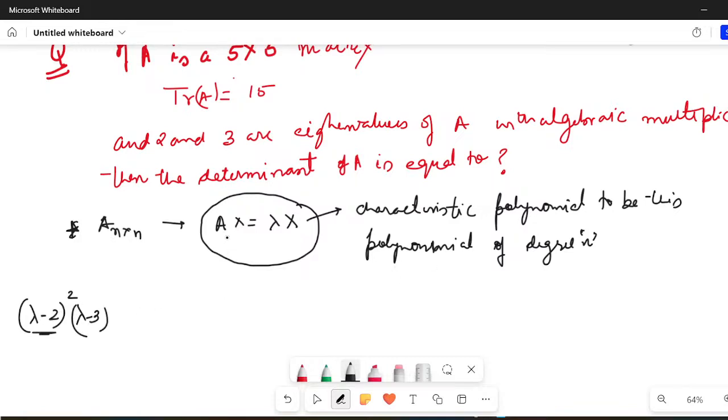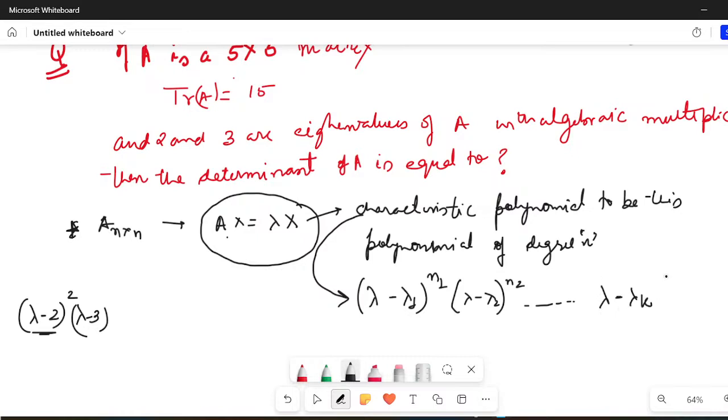If I factorize this characteristic polynomial, as I also told you yesterday, and I get lambda minus lambda 1 raised to power n1, lambda minus lambda 2 raised to power n2, and so on, lambda minus lambda k whole raised to power nk, such that lambda 1, lambda 2, lambda 3, up to lambda k are different eigenvalues.